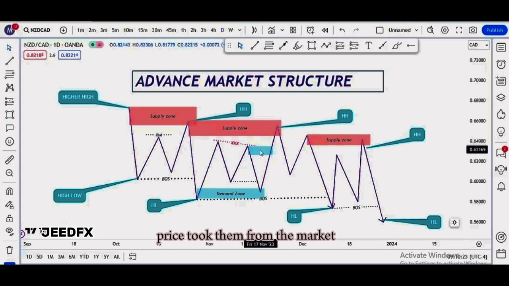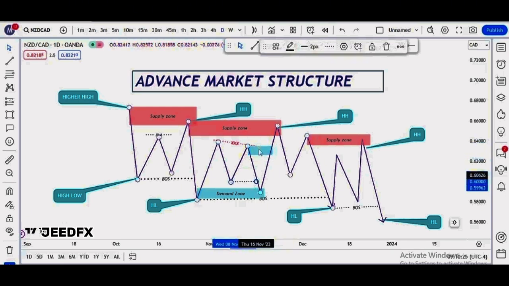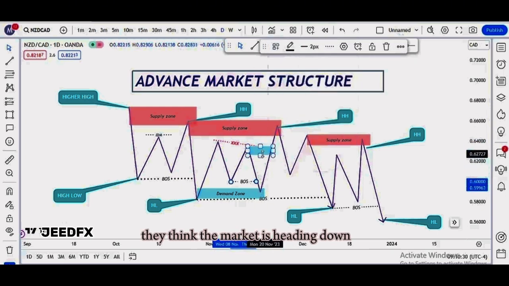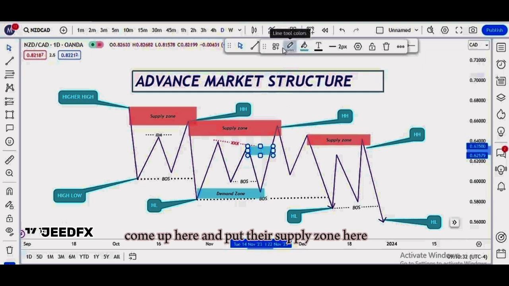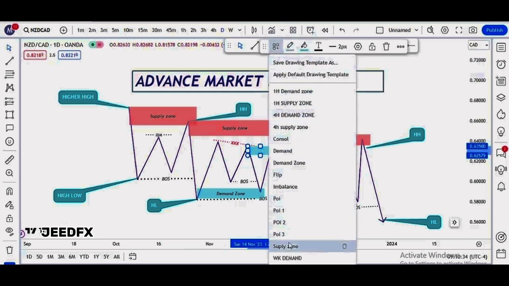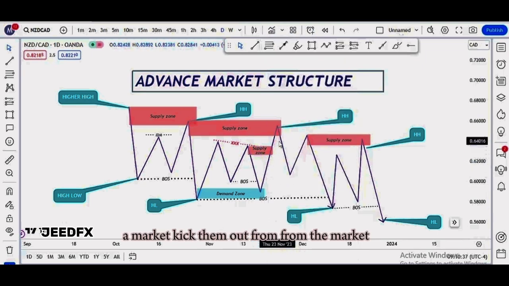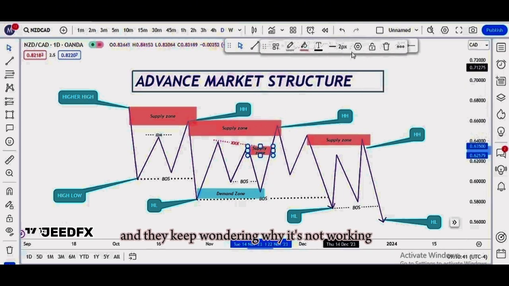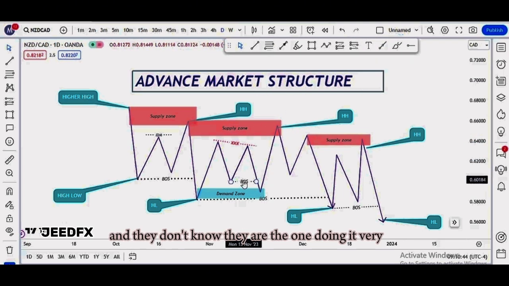Price took them from the market. They mark here as their break of structure on the lower time frame. They think the market is heading down. Come up here and put their supply on here. And market keeps them out from the market.